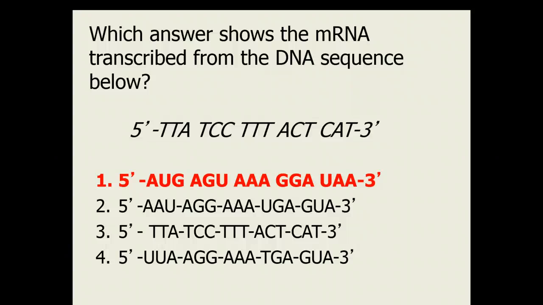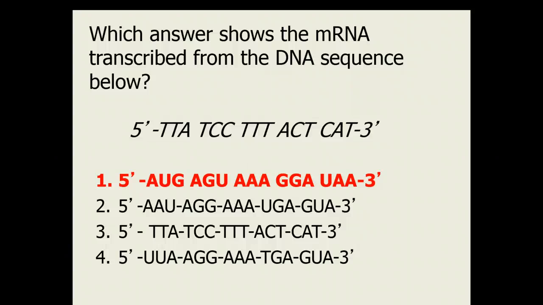It would be AAU, AGG, and then on, because none of that would make sense if it were... let's see, CAT, G, AUG would be AUG. Oh, they were sneaky on this one. What they did is they moved from 3' to 5', and that would be correct. So the 5', the 3' message would be AUG, starting TAC.